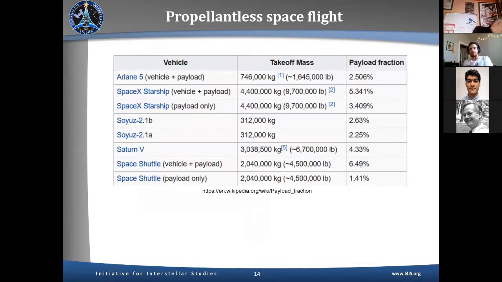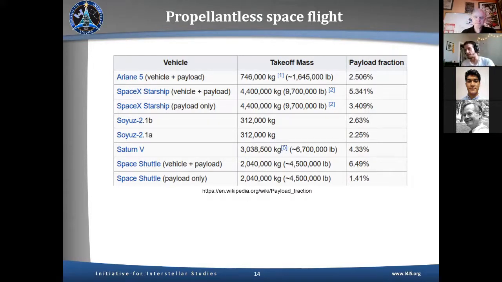And to give you an idea why propellantless spaceflight is such a big deal: if you look at the different space vehicles that we're using or that we have used, you look at the takeoff mass, which goes into the millions of kilograms in some cases, and you look at their payload fraction. A lot of them you can say are 95% or 92% propellant.